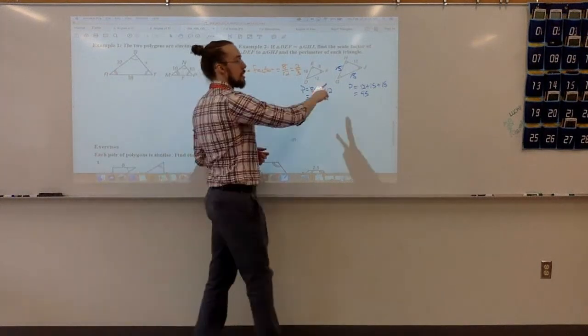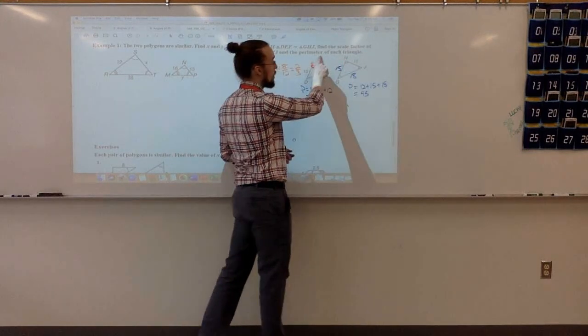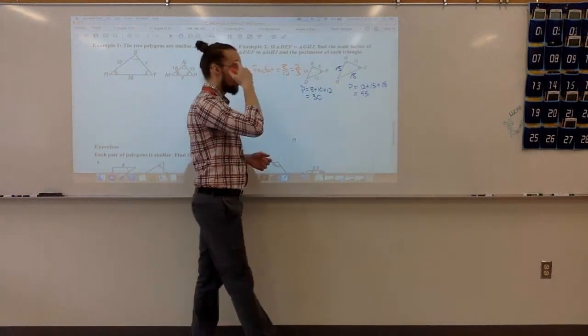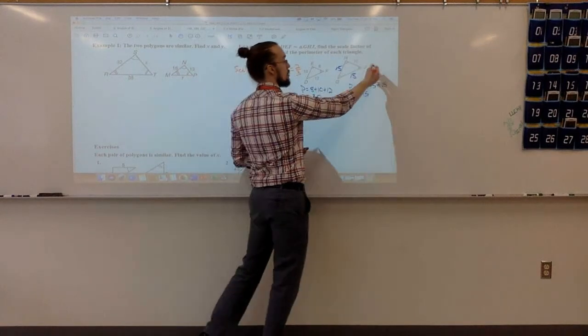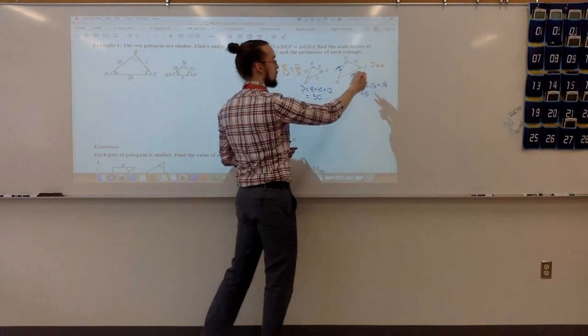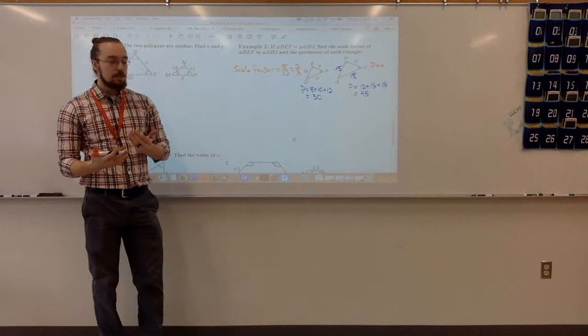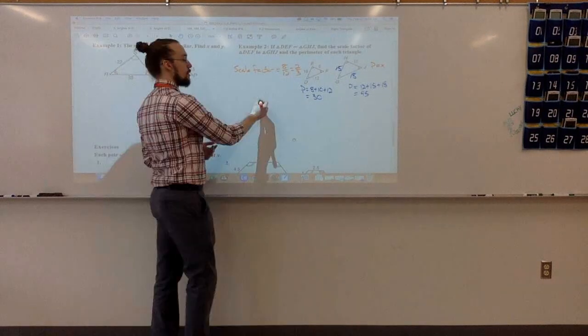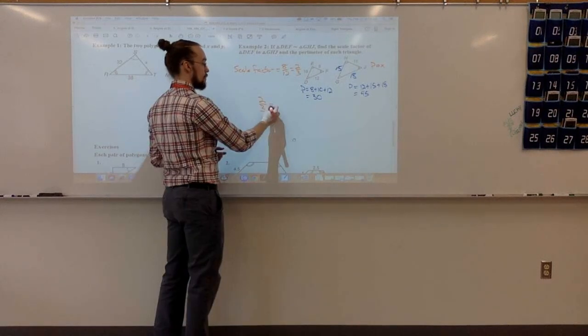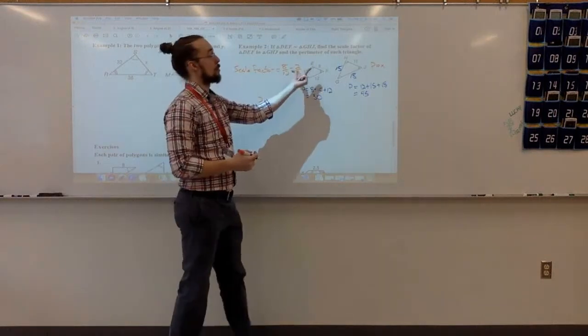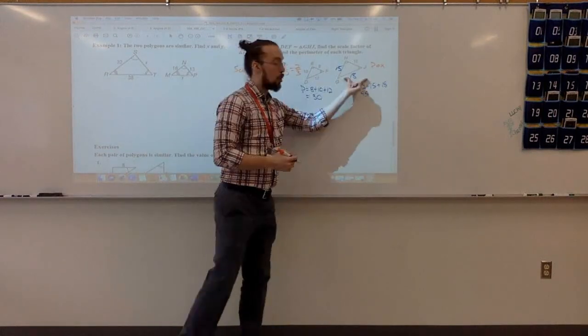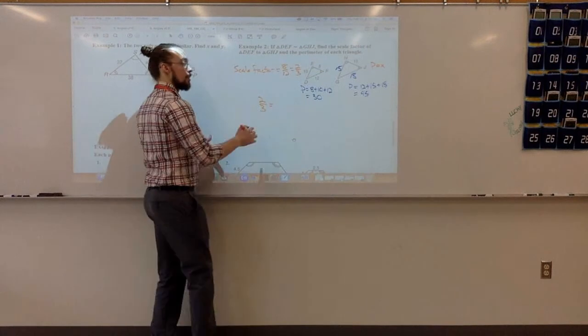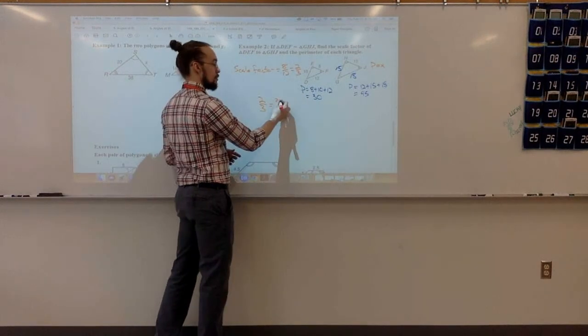Right? Perimeter there would be 30. And then I could just say that if all I want to find is the perimeter of this triangle, I could just call the perimeter of this one x. So we could set up a different proportion, saying the scale factor 2 over 3 is equal to the perimeter of this triangle over the perimeter of this triangle. So the perimeter of this one is 30.